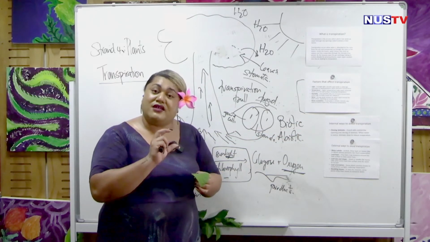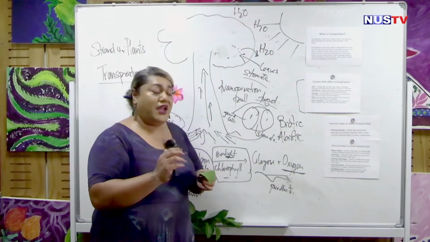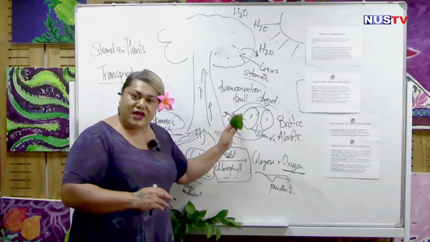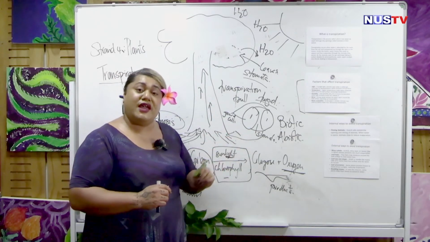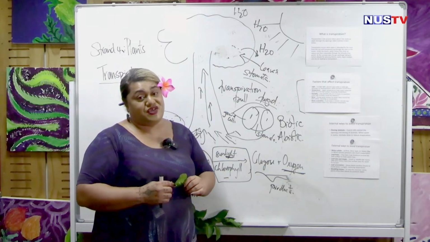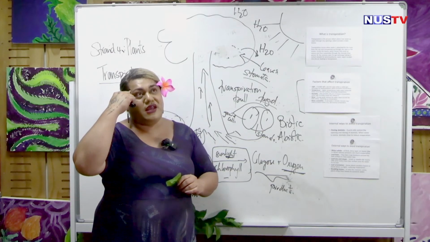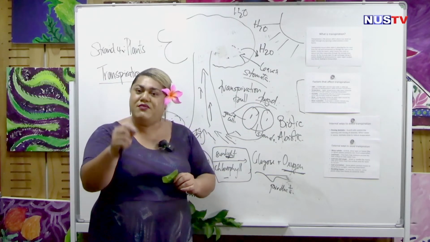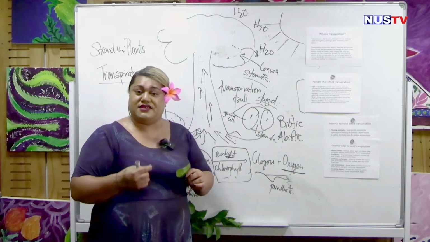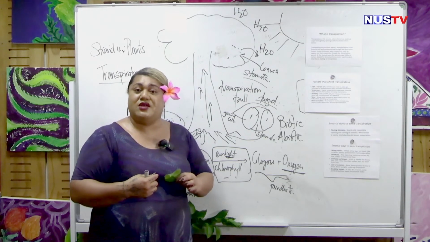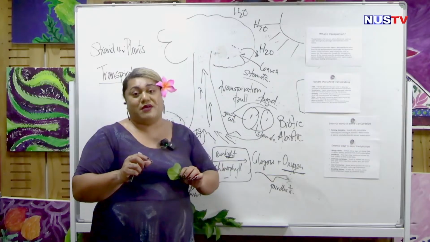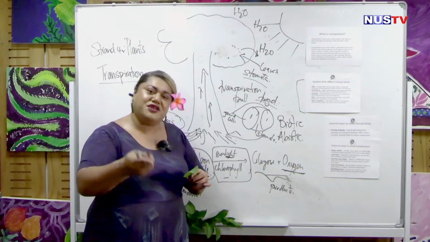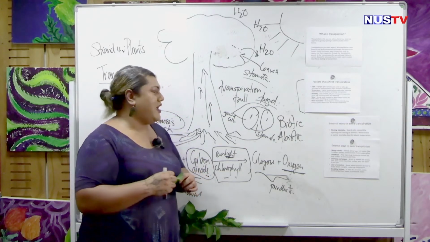If you think about it logically, plants need the stomata open for photosynthesis and gas exchange. When the stomata open, water leaves while the gas is exchanged at the same time.